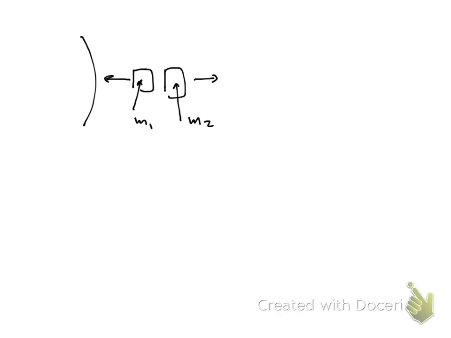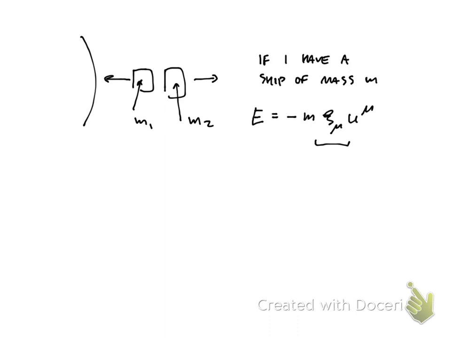So for example, if I have a ship of mass m, then the conserved quantity E is actually minus m zeta nu u nu, where zeta is the Killing vector that points in the time direction.